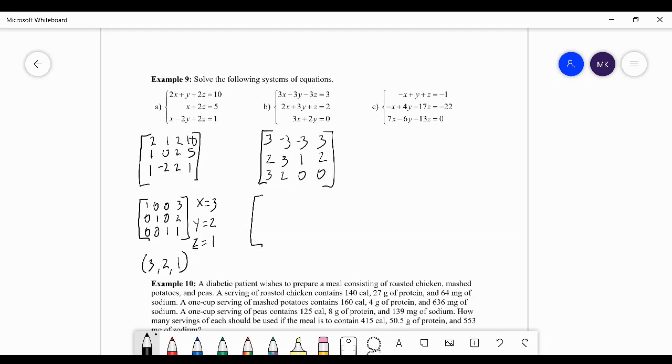Our reduced row echelon form matrix gives us 1, 0, -2/5, or -0.4 if you're using decimals. Then 0, 1, 3/5, or 0.6, 0, and then 0, 0, 0, 1. And you might have been like, cool, my solution is 0, 0, 1.